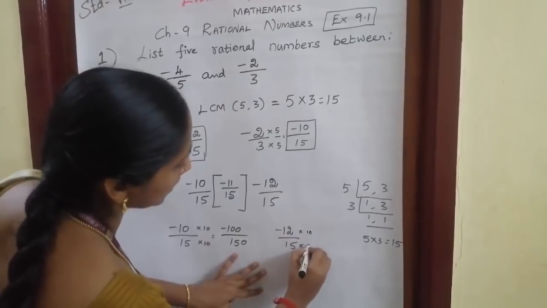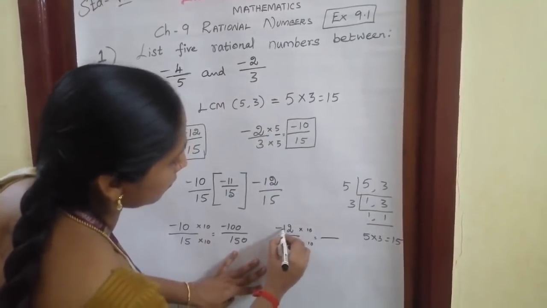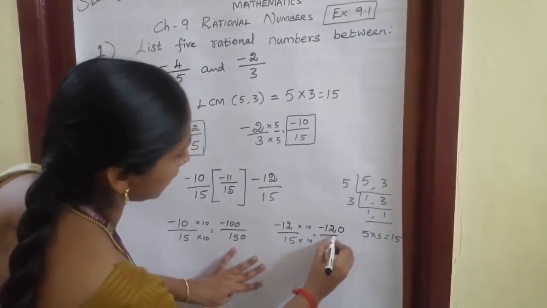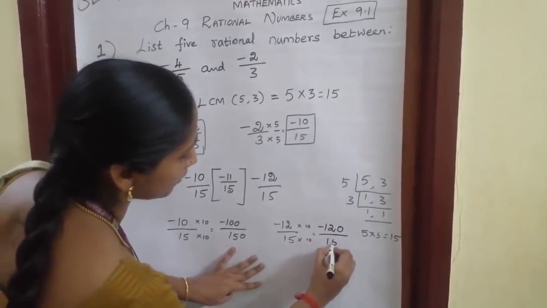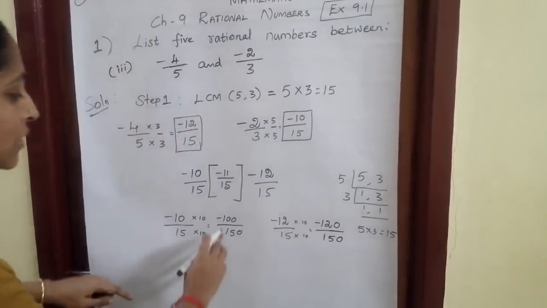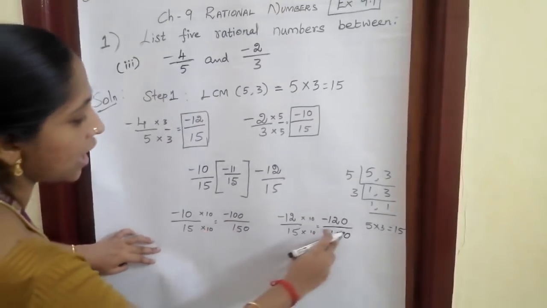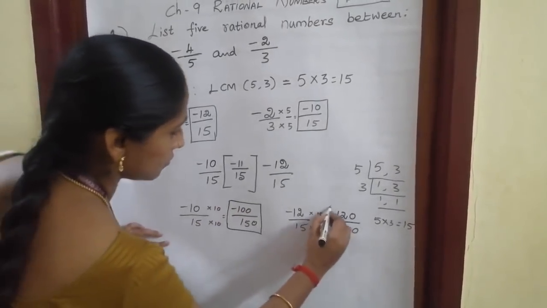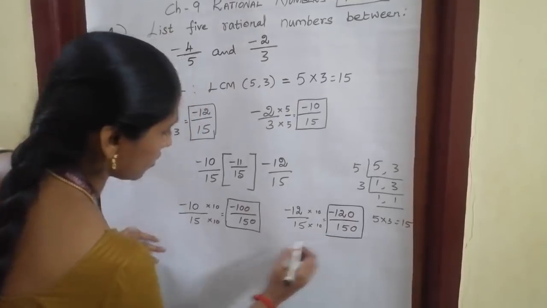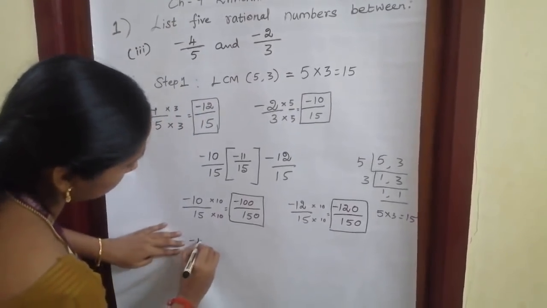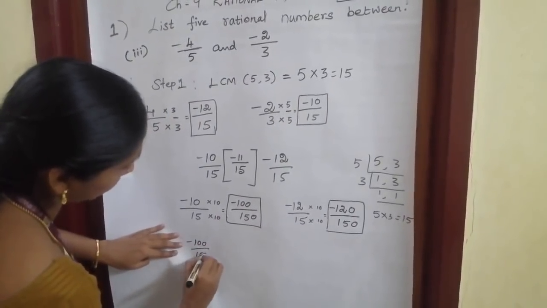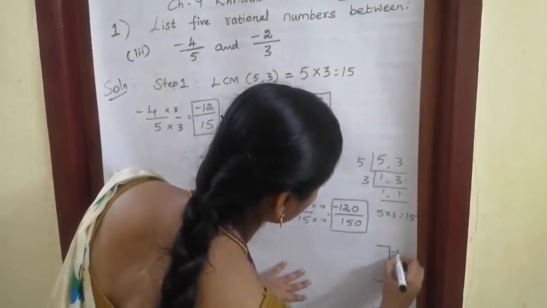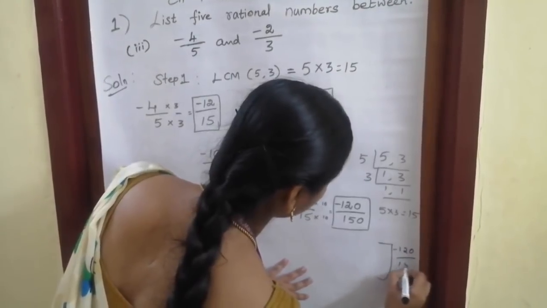I am going to increase it: minus 12 into 10, minus 120 by 150. Now, between minus 100 by 150 and minus 120 by 150, I am going to see the rational numbers.